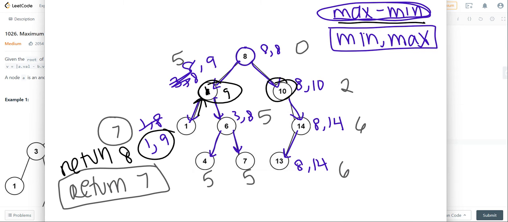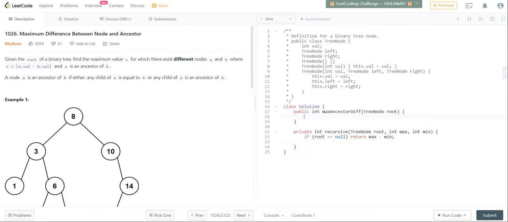It just makes things a lot easier for us later, so we don't have to check if root.left is equal to null but root.right isn't, it just eliminates that. Then here we can say max is equal to Math.max of max and root.val. Min is equal to Math.min of min and root.val.